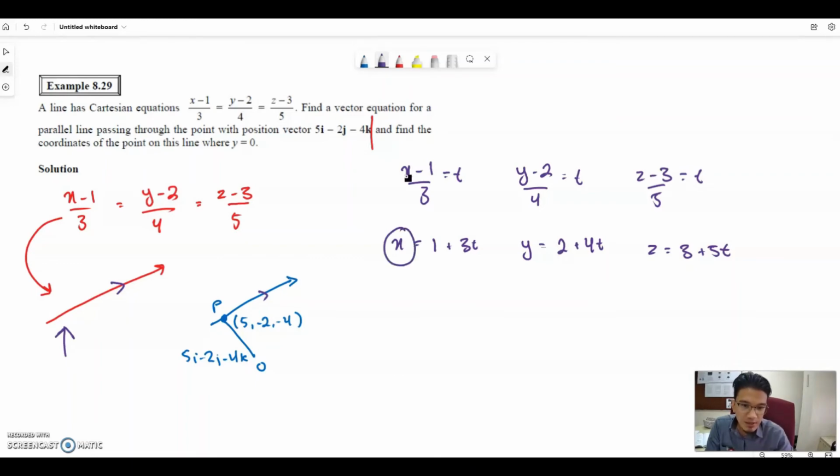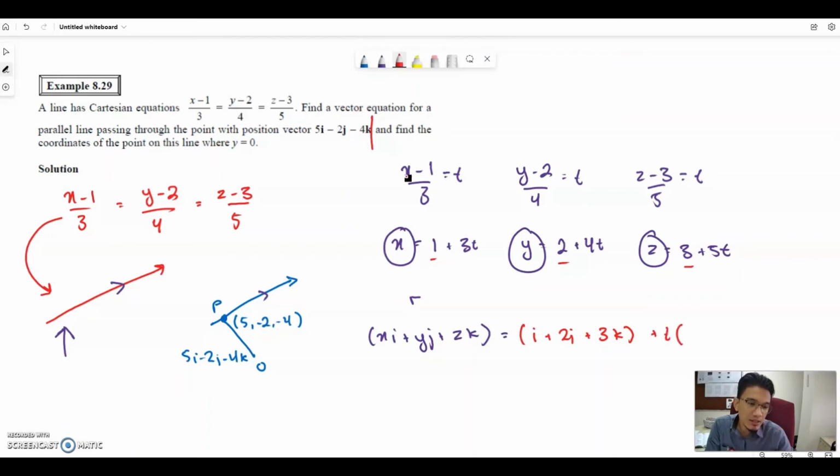So together x, y, and z becomes the vector r, that is xi plus yj plus zk equal to i plus 2j plus 3k, plus t times (3i plus 4j plus 5k).